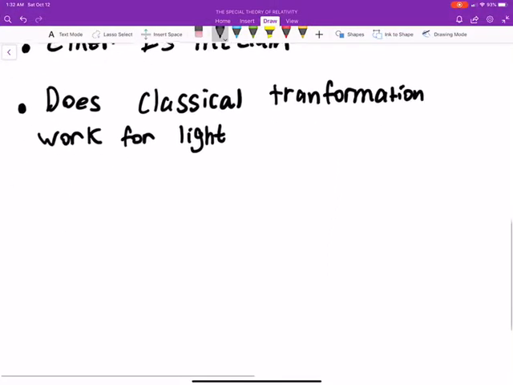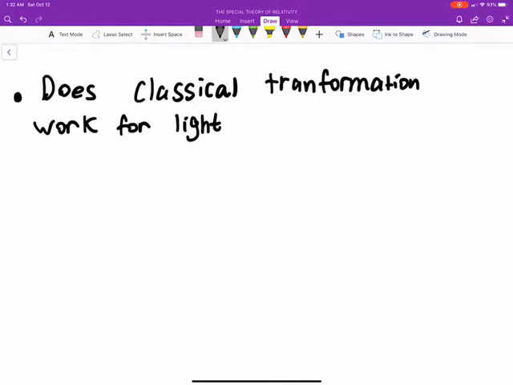If you remember, we talked about it in the previous video. If something's moving, we have to consider that reference frame moving in addition to its velocity. So if you're swimming at a speed v, and there's a current u, your speed is v plus u, right? Makes sense. So does this kind of classical transformation work for light? You would think it would.